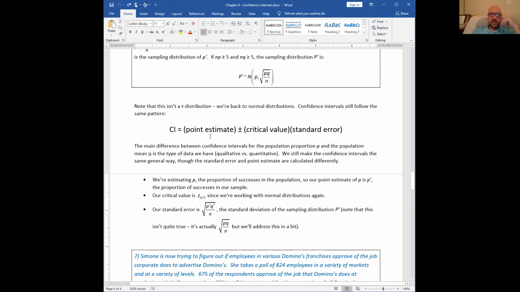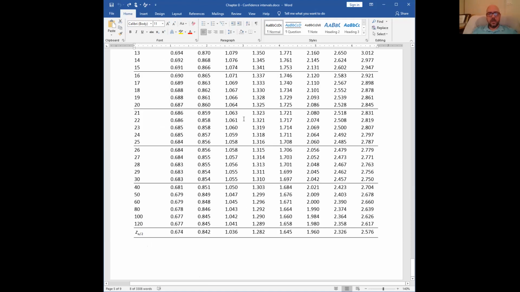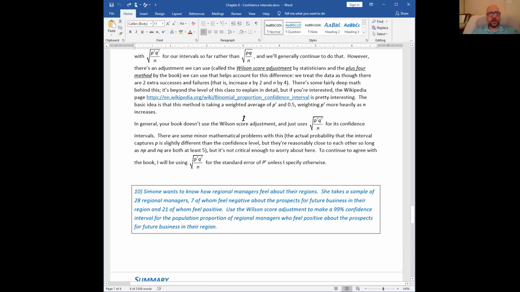But in general, whenever we can't do something, it's almost always because we didn't meet the requirements of whatever theorem we're using. So this theorem, the central limit theorem for proportions, the one that tells us that the distribution is approximately normal, requires this: np is the number of successes, nq is the number of failures.